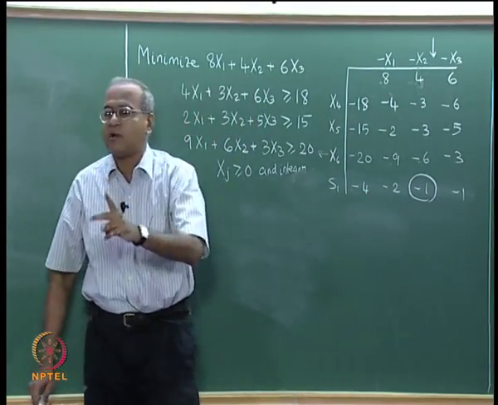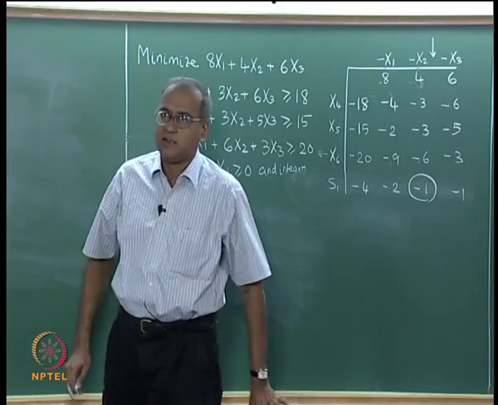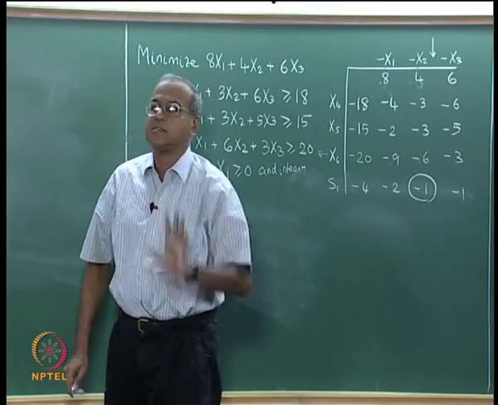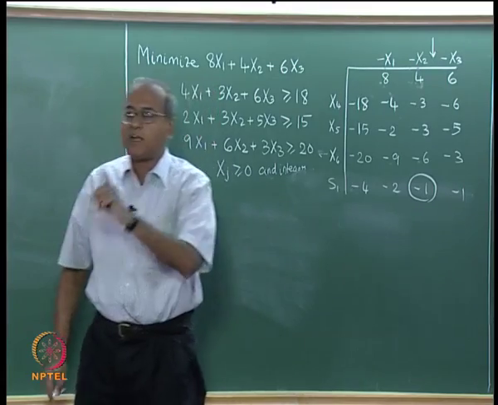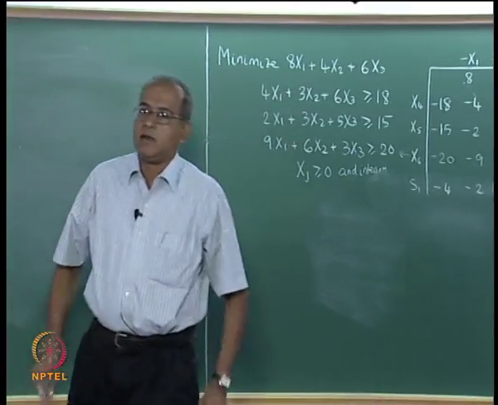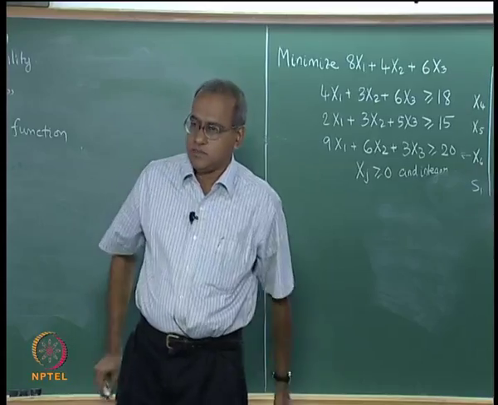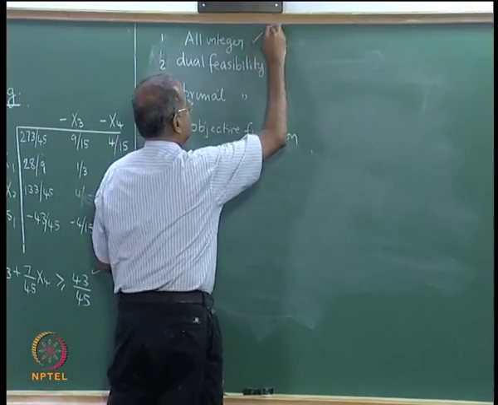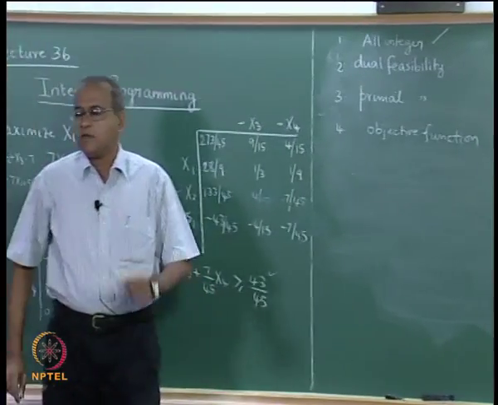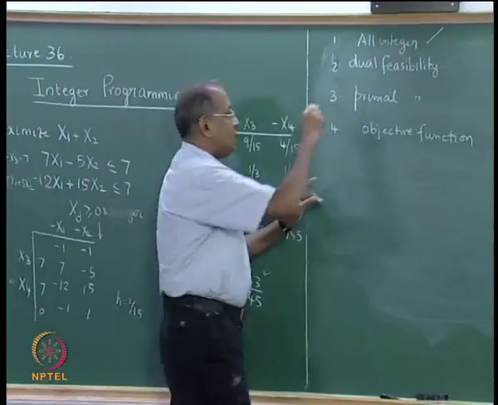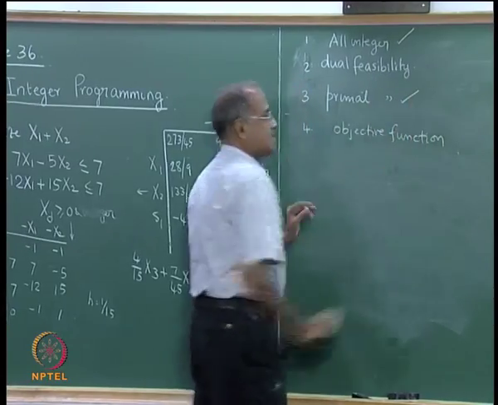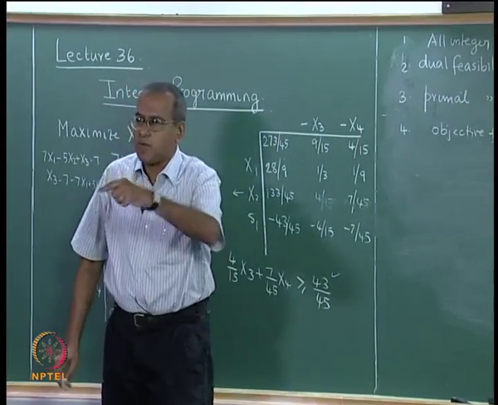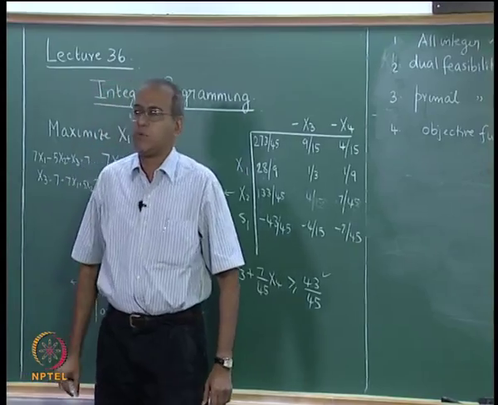Every other place is only addition, multiplication and subtraction, and therefore the integer characteristic will be maintained. So the pivot has to be -1 in an all integer dual algorithm. In an all integer dual algorithm, the all integer character is maintained when the pivot is -1. At least one of the primal variables becomes positive when the pivot is -1.